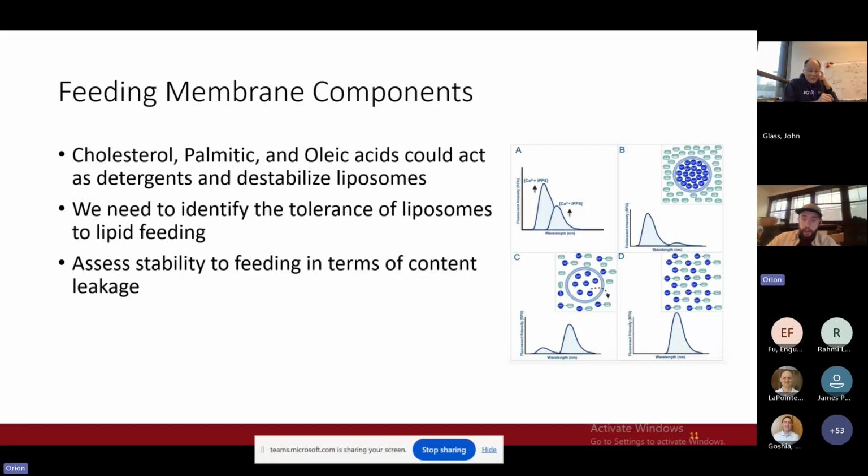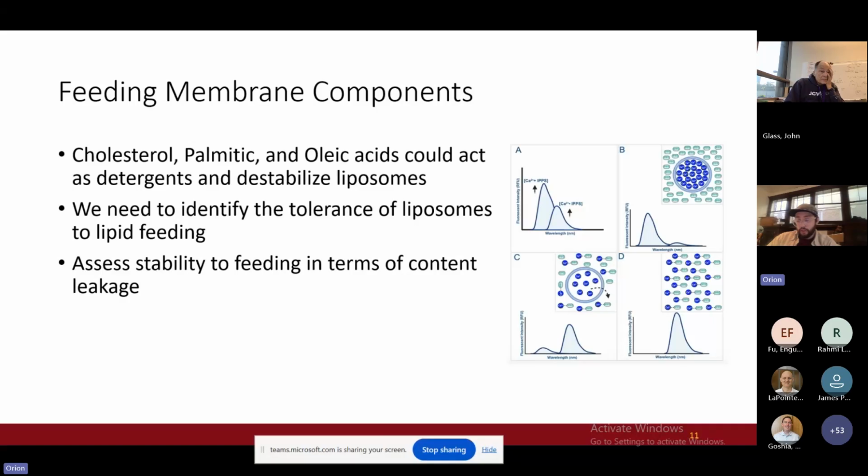This might end up being a pretty clean experiment, in the sense that we can take this initial reading, add in the palmitic acid or oleic acid or whatever lipid we're trying to feed, see some kind of leakage indicated by a fluorescent shift, and then do a Triton X-100 lysis of all of the liposomes to get the maximum fluorescent shift. And so we have a nice internal control.